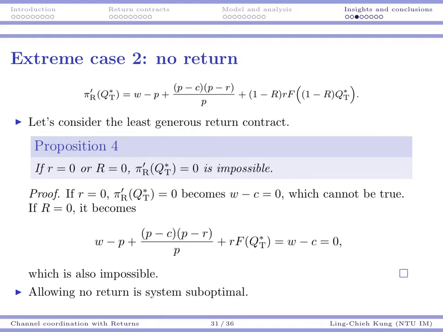If capital R is 0, then again we get something very similar. Again, it is impossible. So as long as r is 0 or capital R is 0, the system cannot be optimal. When this happens, there is no risk sharing at all, and the order quantity must be smaller than qt star. So allowing no return is also system suboptimal.